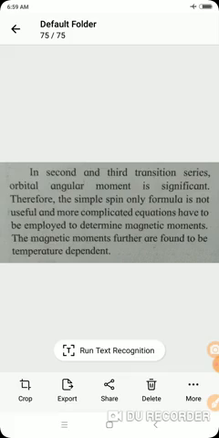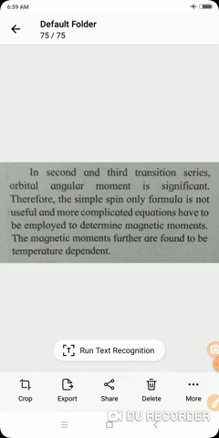So therefore the spin only formula is not useful to calculate the magnetic moment in the second and third series, and more complicated equations have to be employed to determine the magnetic moment. Here the orbital angular momentum is significant, and the magnetic moments are further found to be temperature dependent.